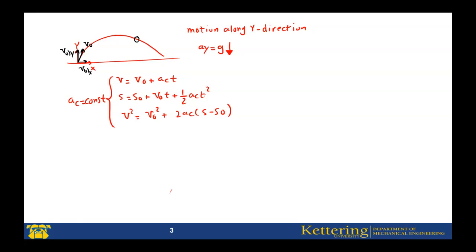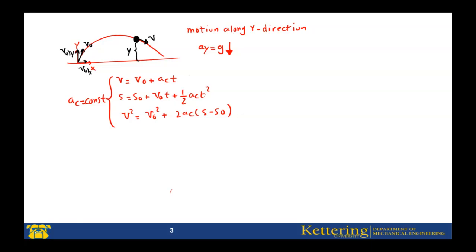Anytime, for example, when the player kicks the ball, I want to know what the height is at this position, and what the velocity is at this position. Somebody might ask you for this information.